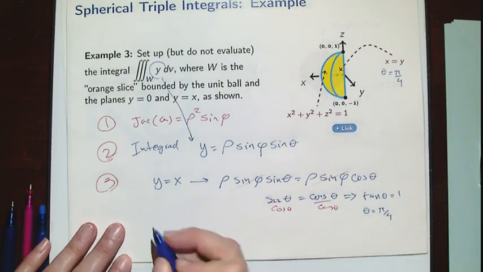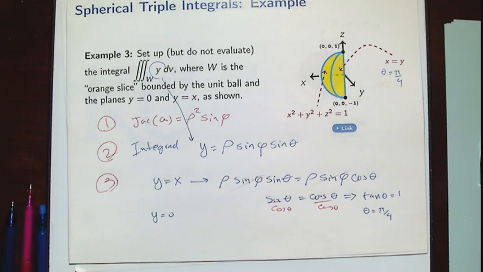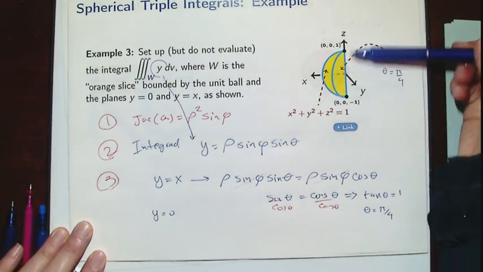So can anybody tell me what y equal to 0 is in here? So y equal to 0 gives me, let's say rho can run anywhere, sine theta equal to 0, right? It gives me y equal to 0 is the xz plane.